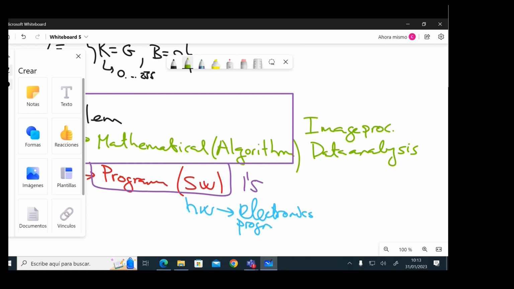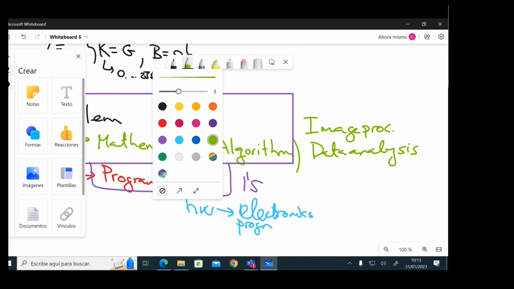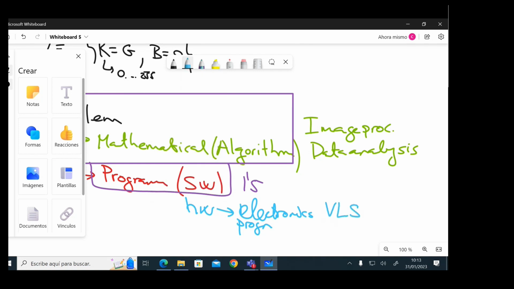There was one that was VLSI. VLSI is here. Internet of Things is here. Internet of Things is there too. There was another one, antennas. Antennas is here too.